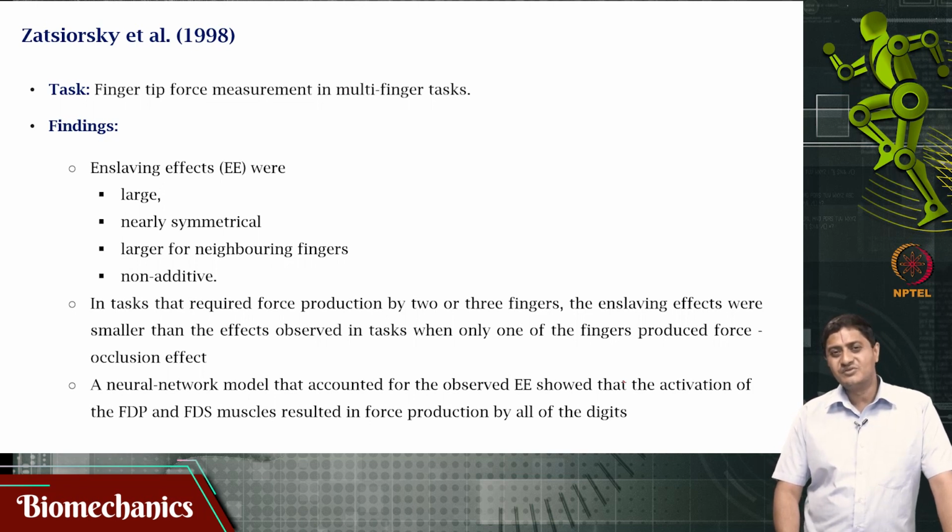One more interesting observation was that if two or three fingers were explicitly involved, then the enslavement effect on the uninvolved fingers was smaller than the enslavement effect when only one of those explicitly involved fingers was working.